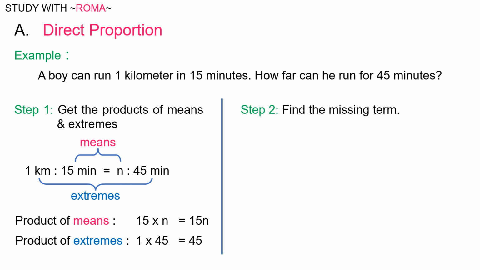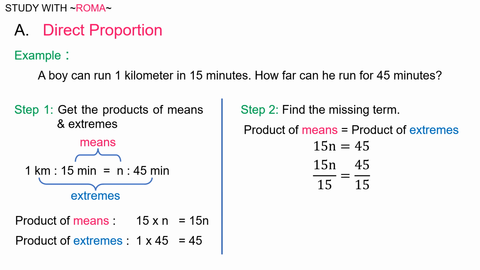Step 2, find the missing term. Product of means equals product of extremes. So 15n is equal to 45. To solve for n, divide both sides by 15. 15n divided by 15 is equal to n, and 45 divided by 15 is equal to 3.